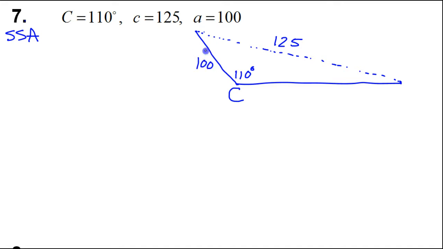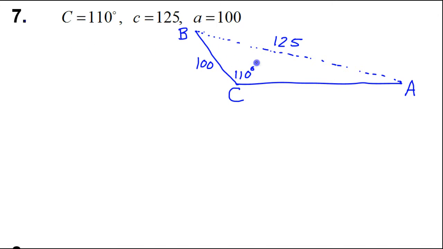If this is side A, then across from it must be angle A. So I'm going to call this angle A. That leaves angle B to be this. So even though this is a side-side-angle, there's only one triangle that can be formed when this is an obtuse angle. There's no swinging to worry about. So I'm just going to go ahead and solve the one triangle that we are given.